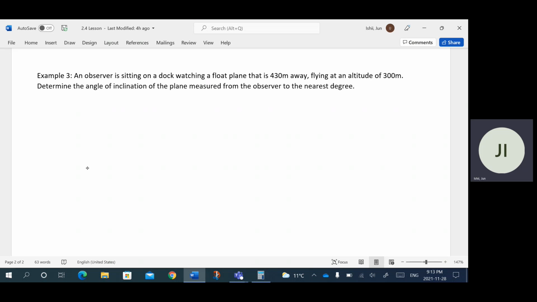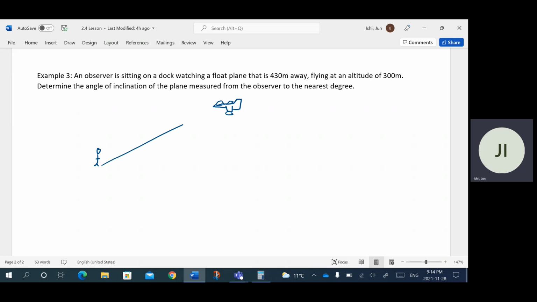So we have a person sitting and he sees a plane. It's my plane, a float plane, so put floaties on there.